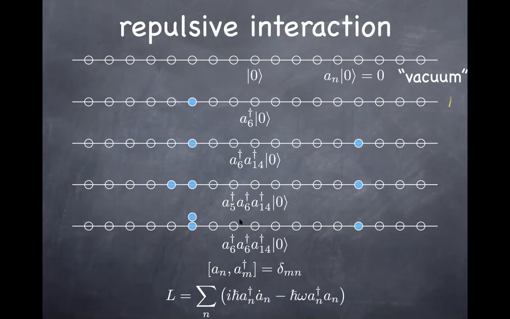For a single particle, you may have just h bar omega, 2 particles, 2h bar omega, 3 particles, 3h bar omega, as long as the particles live on different sites. But if they come on top of each other, not only do you have 3 particles, but you have additional energy U, so that energy becomes higher when 2 particles come on the same site.